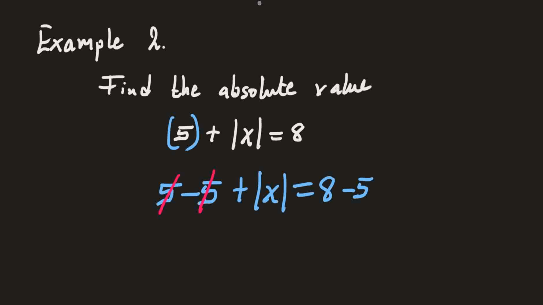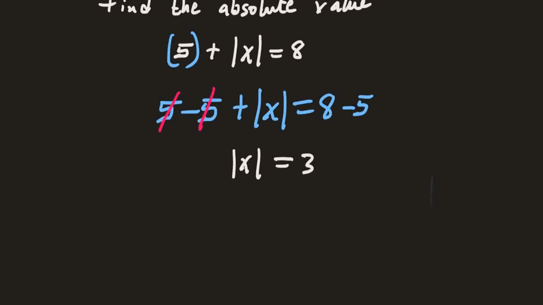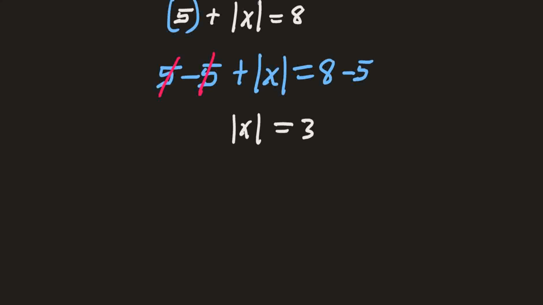And now you are left with the absolute value of x on the left side, and this is equal to 8 minus 5, which is 3. So at this point, we can now place the x value in a parenthesis and equate that to 3. So if you clear the parenthesis, x will be equal to 3.